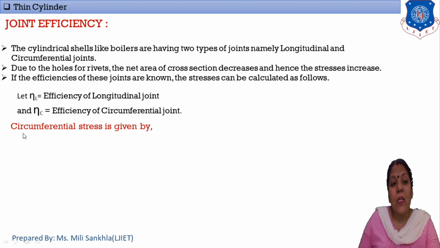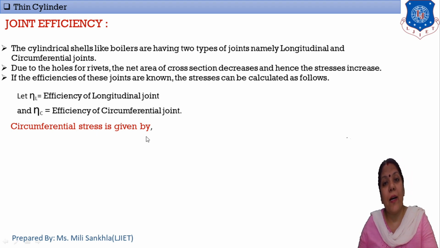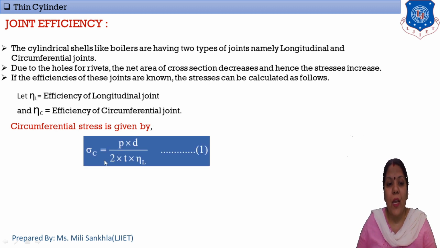Now if the question asks to find the efficiency of joint, with respect to this efficiency we find the stresses. At that time we use this equation. Here σc is equal to PD by 2T. When we find hoop stress, we use efficiency of longitudinal joint because these stresses are perpendicular to each other.